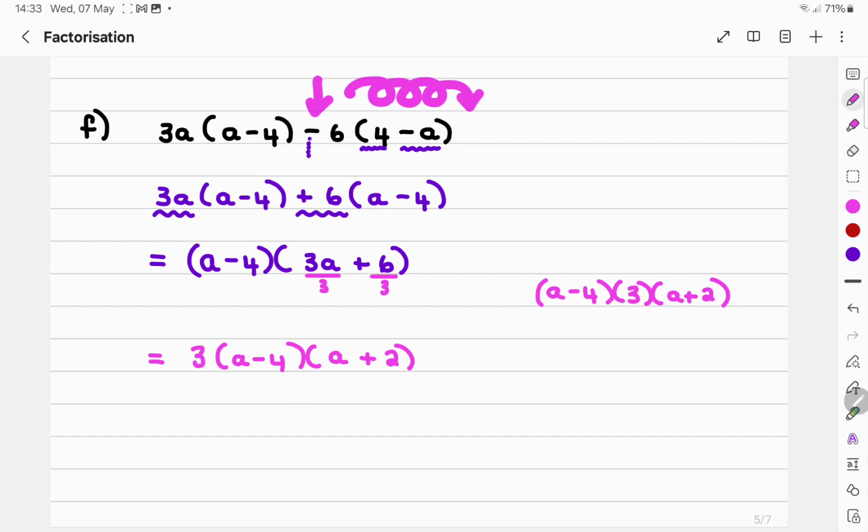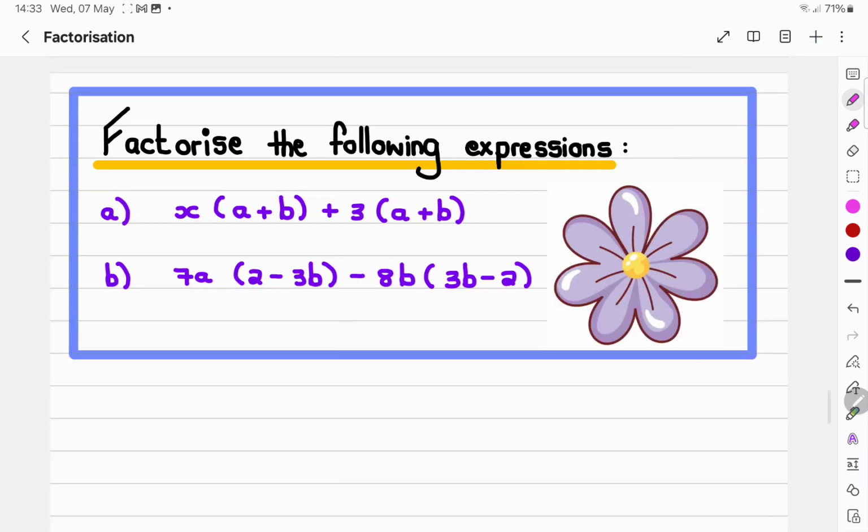All right, goody. And again, here are 2 questions that you can quickly have a look at. See whether you can factorize those 2 by taking out a highest common bracket, and the one you have to do a sign change rule. All right, and I'll show you the memo.